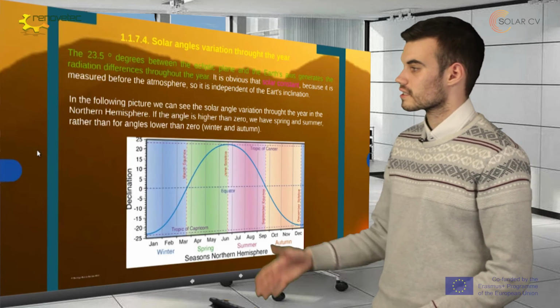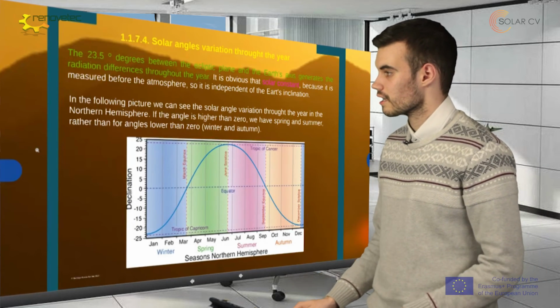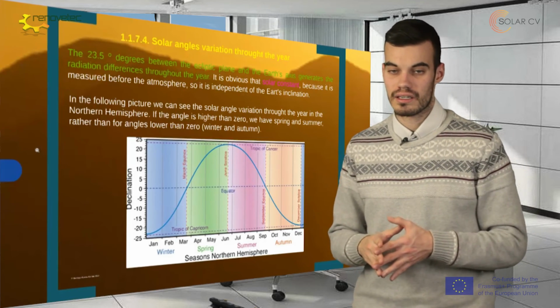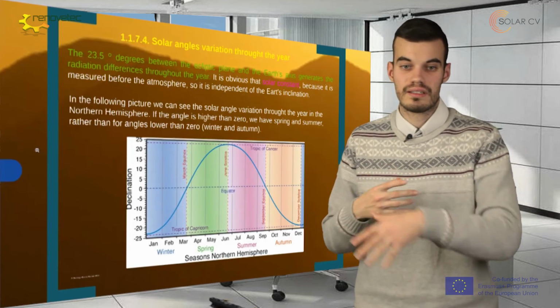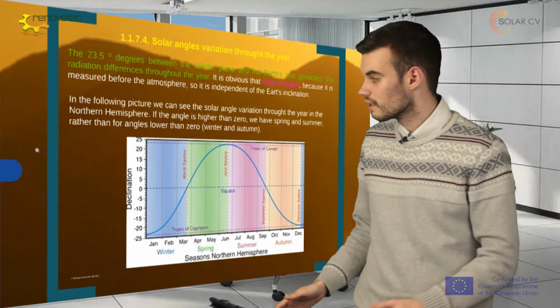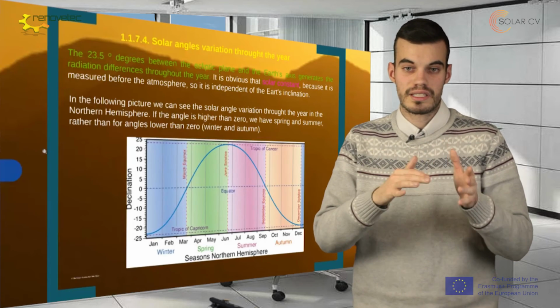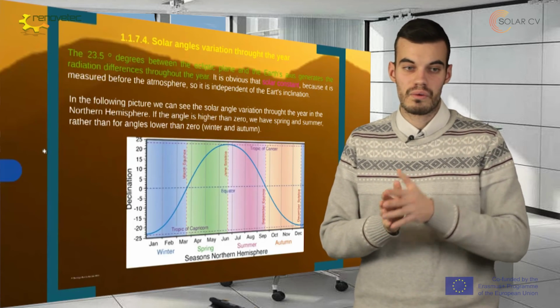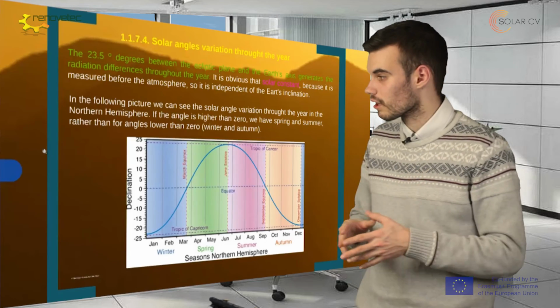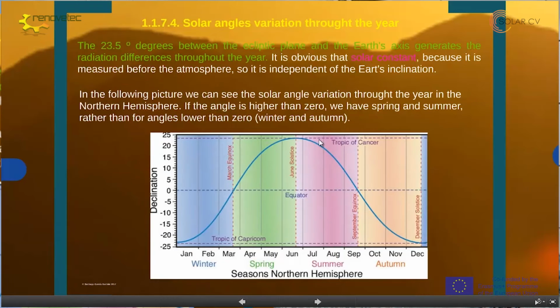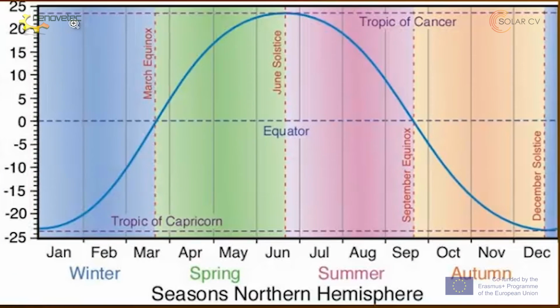Now we have the solar angles variation throughout the day, because for example, for the northern hemisphere, here we are living in Madrid, in Spain, and this project, this Solarcv, is for Italian, Greek, and Spanish people. So the picture is like this. We are going to have that the Earth axis is 23.5 degrees.